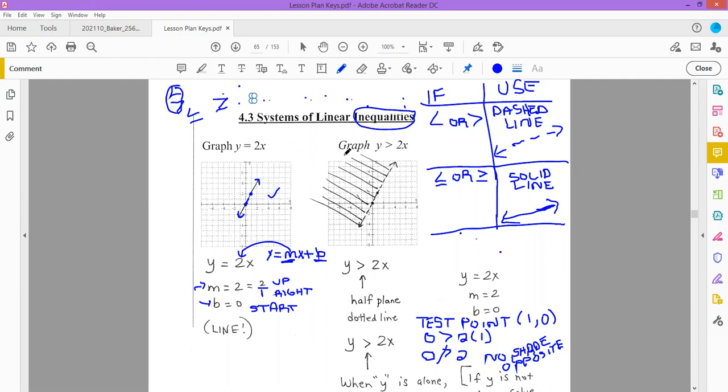Now, when we graph the inequality y greater than 2x, those same steps occur. Like we have y and the 2x on the right side. So we would find our slope and our y-intercept just like we would if this symbol were an equal sign. So our first step should be the same.